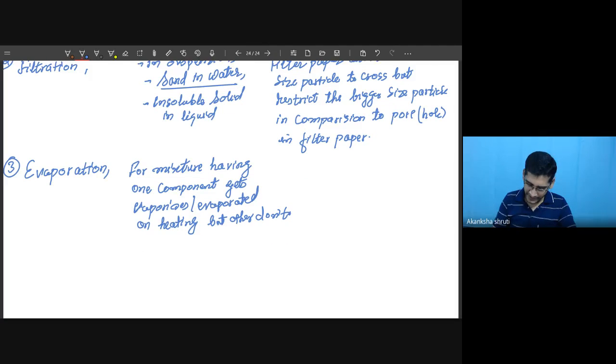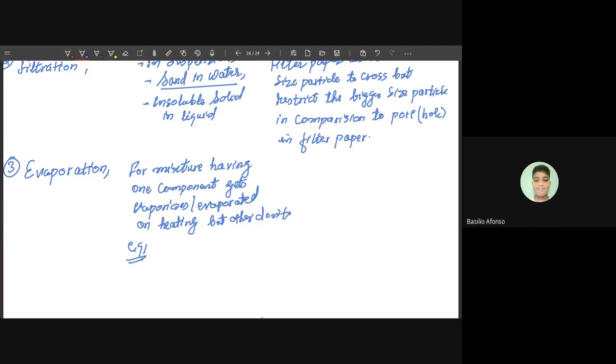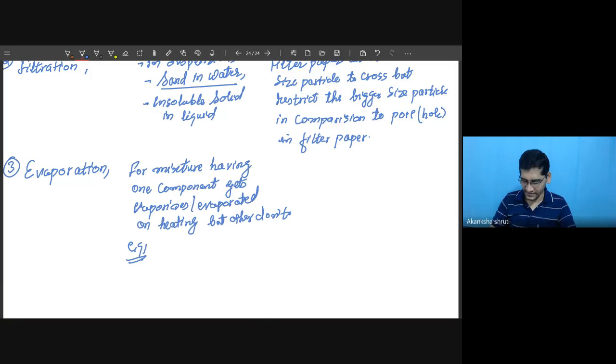Okay, students. Example, let me write the example. Salt in water. Yes, the best example is salt in water. So this technique is used for preparation of salt.